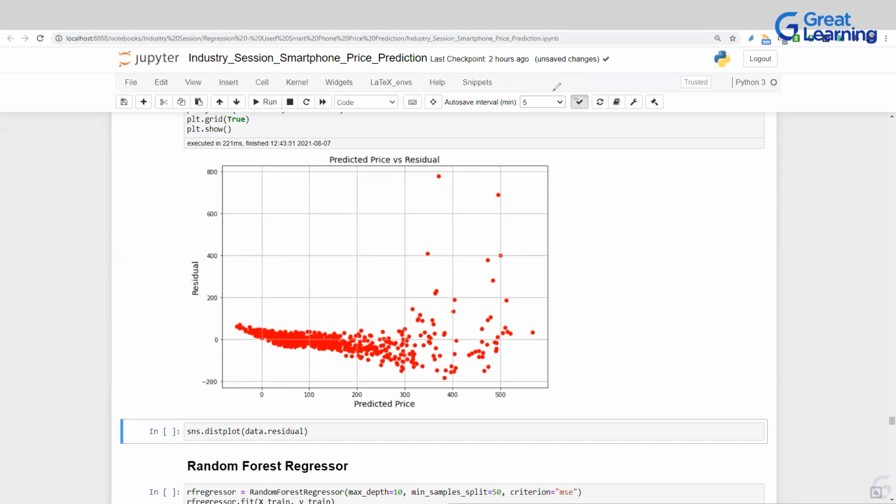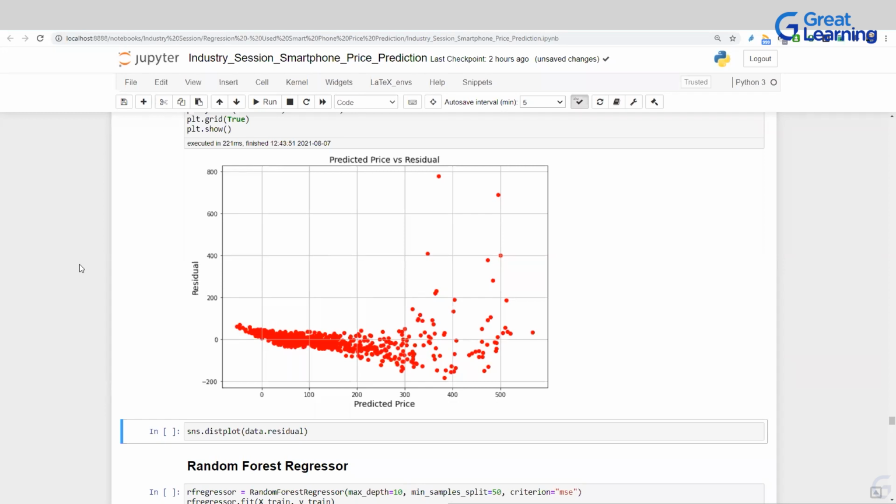And this is where the dependent variable had skewness, right? There were a lot of outliers on the upper end, and because of which there was skewness. This is the result of that. Linear regression is not giving us a good fit. And we also saw from the heat map that there was no correlation as such between the dependent variable and the independent variables.